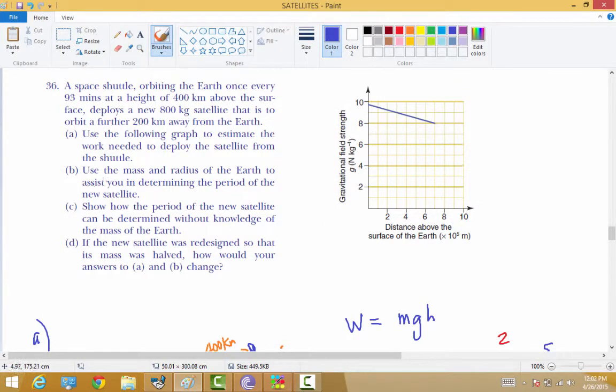Part B. Use the mass and radius of the Earth to assist you in determining the period of the new satellite.